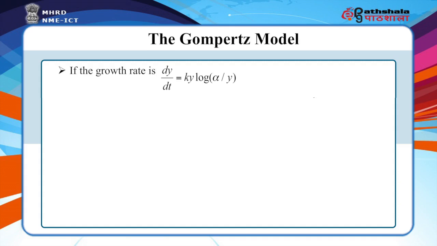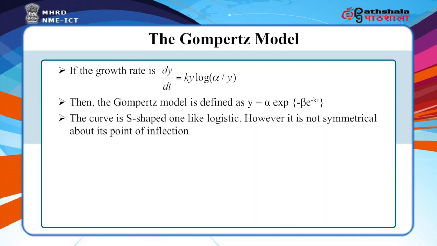If the growth rate dy/dt is equal to ky log(alpha/y), then the Gompertz model is defined as y = alpha exp(-beta e^(-kt)).